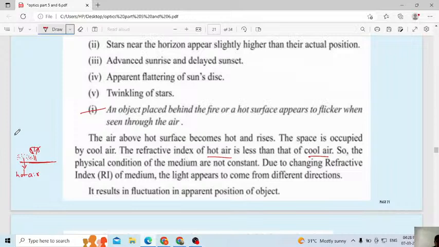This one, the particles are far apart. Maybe we will consider it as cool air, or the cool region. The air above the earth surface becomes hot, then it rises up. This hot air does not contain any water droplets. Correct, no?